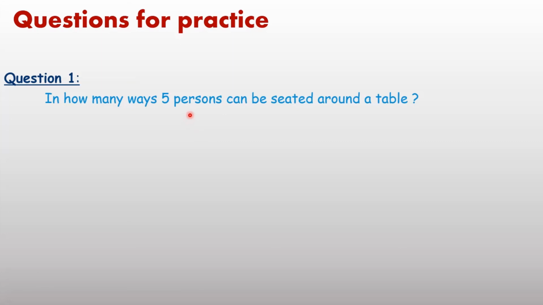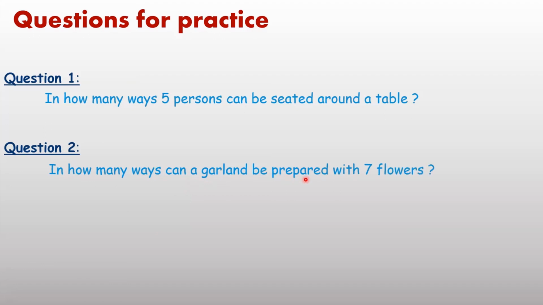Therefore, the formula will be factorial n minus 1. Now in question number 2, in how many ways can a garland be prepared with 7 flowers? Now here clockwise and anti-clockwise both are the same. Therefore, you can solve using the formula.